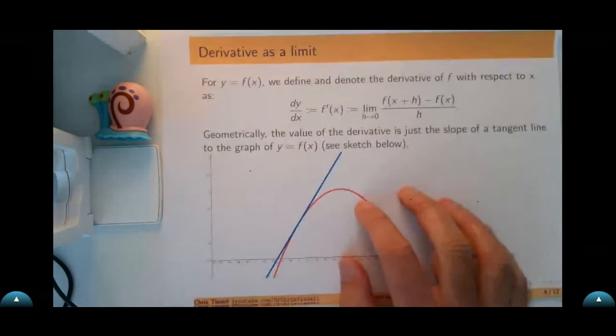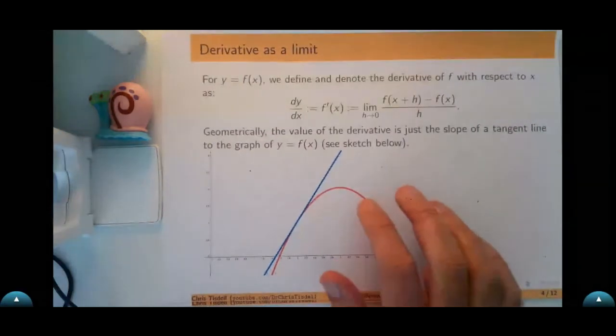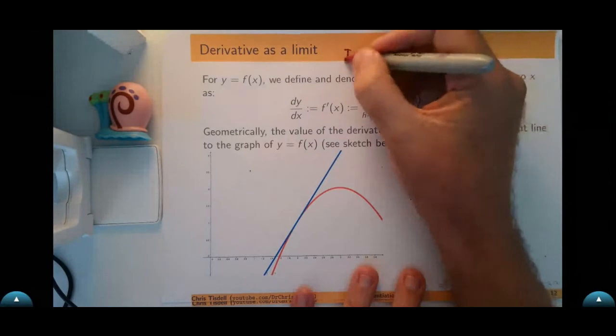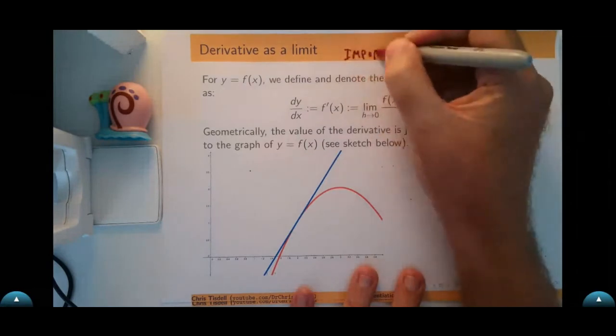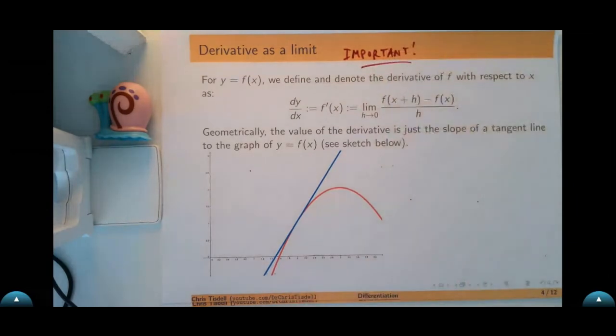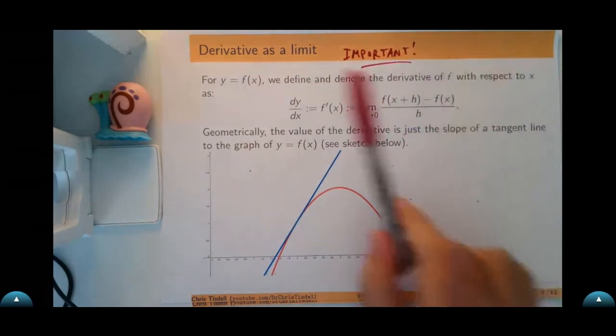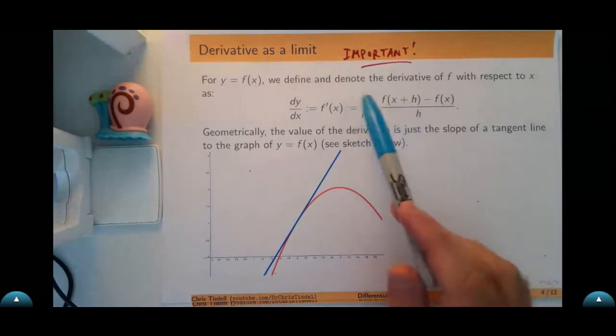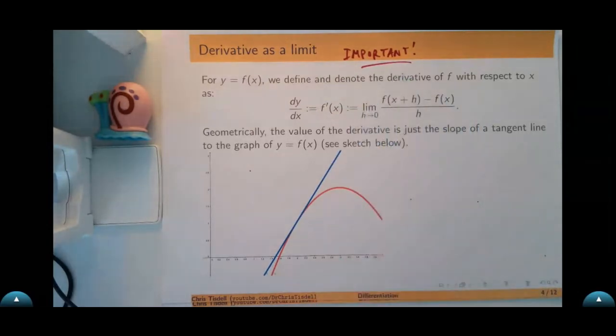All right, so the derivative as a limit is a pretty important concept for this course. Okay, so what we would hope you could do is get familiar with how you compute the derivative as a limit. If you're given a function and you want to compute the derivative, you can do that using a limit.